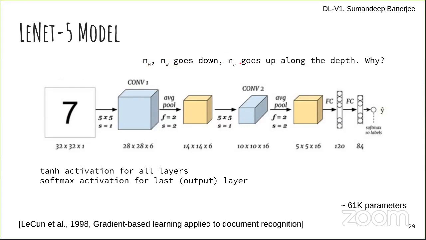Why does NC go up? In the previous stage, we only used 6 filters, and in the later stage we have more filters. That means the number of basic filters, the basic constituent shapes, is small.